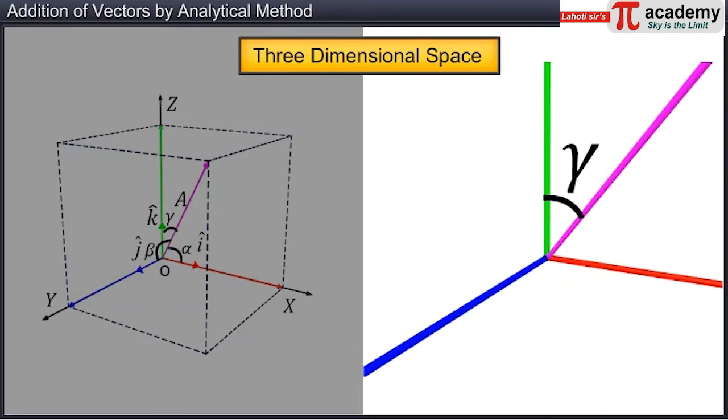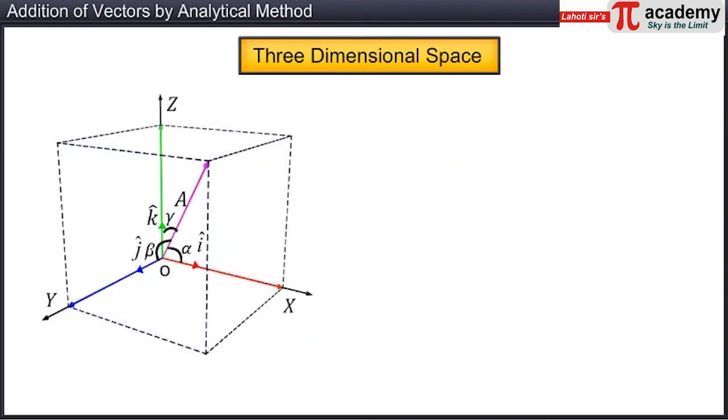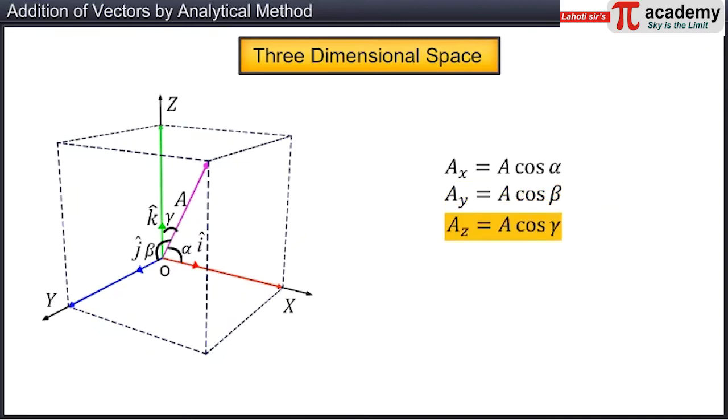And gamma is the angle between vector A and the z-axis. In this case, its three components along x, y, and z direction can be written as AX is equal to A cos alpha, AY is equal to A cos beta, and AZ is equal to A cos gamma.